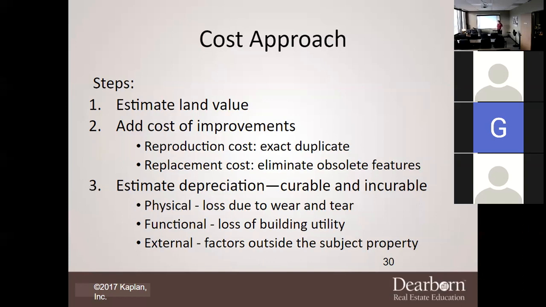Yep. Okay. Then we also got to look at the functionality, the loss of the business utility. Okay. And then we have to look at the external, which is the factors outside of the subject property. So we have to look at all of these elements and come up with a price to depreciate off this brand new built building. Okay.